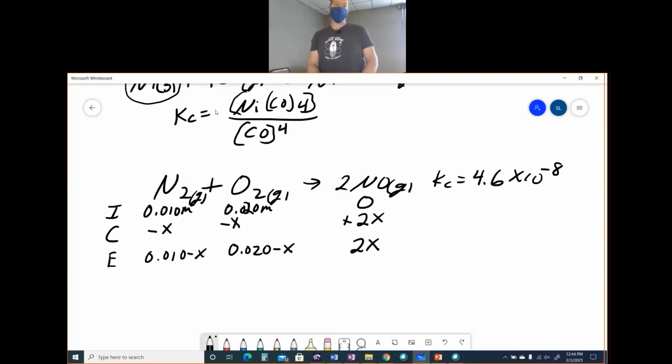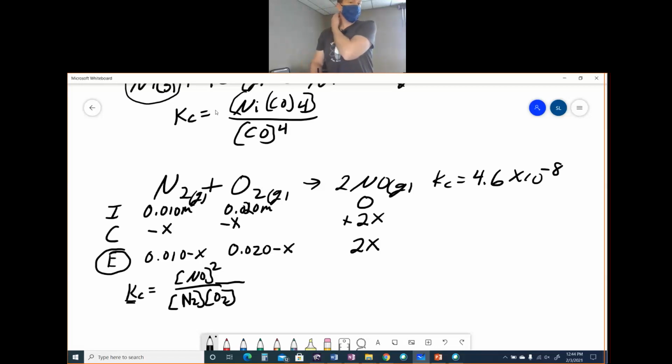All right, so you always should write your expression for the Kc. It is the concentration of NO squared over the concentration of N2 and the concentration of O2. Now, this is a Kc, which means equilibrium, which means only the equilibrium numbers can go into a Kc expression. If you're putting in different numbers, you would have the same expression, but it would be a Qc.